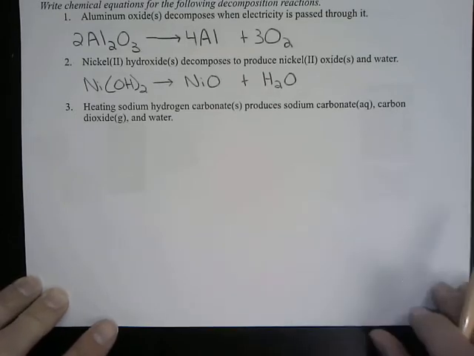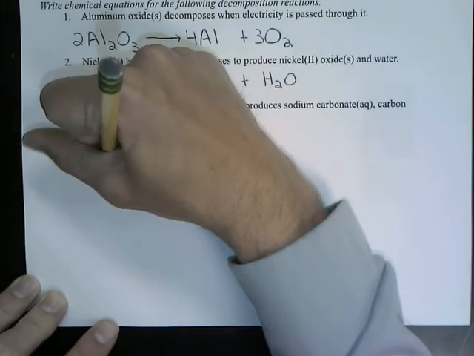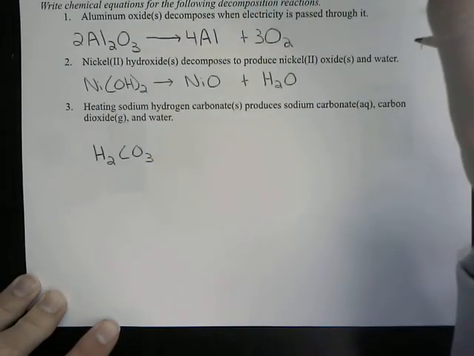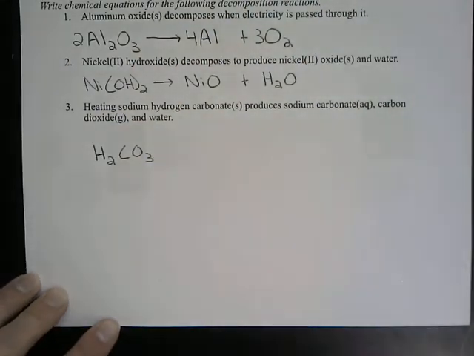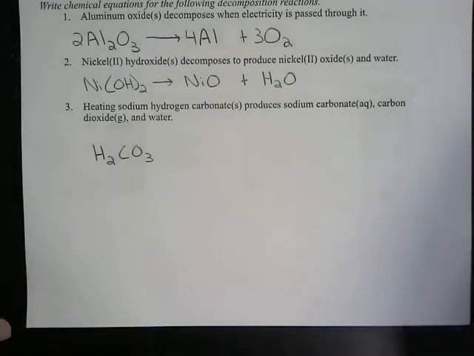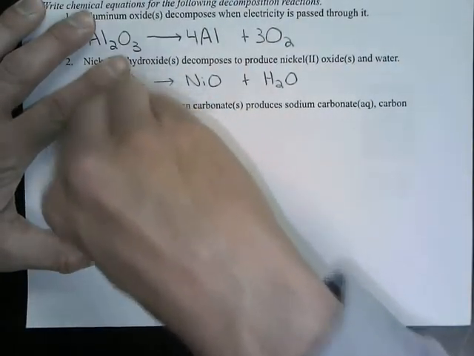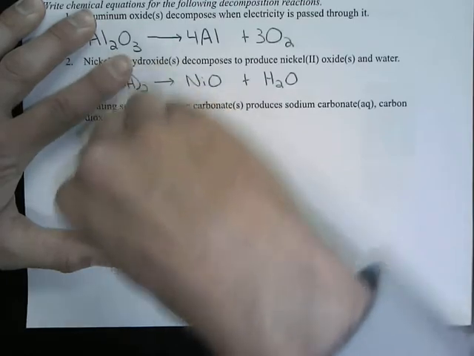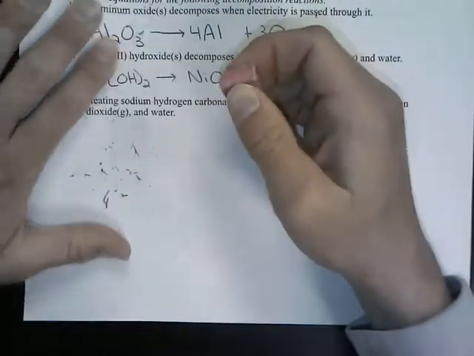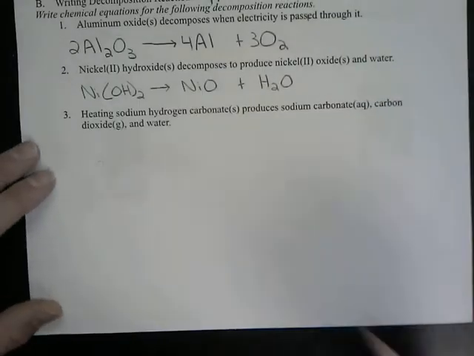So hydrogen carbonate here, remember, would be H2CO3, and it is going to produce sodium hydrogen carbonate. I messed that up here. Sodium hydrogen carbonate would be NaHCO3.